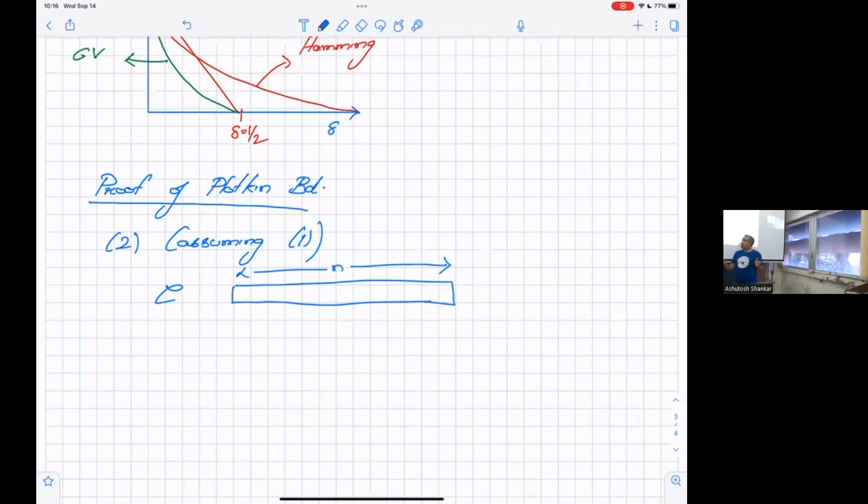Only then can we apply 1. So how do we do that? Let's look at the following thing. Let's just break this off. So this is 2d minus 1, and this is L, where L is n minus 2d plus 1.